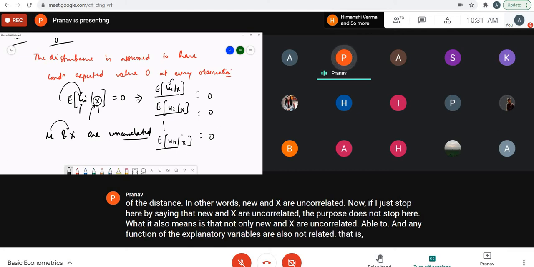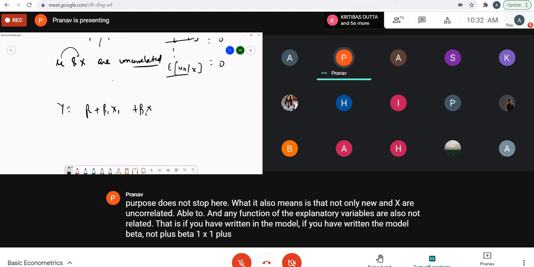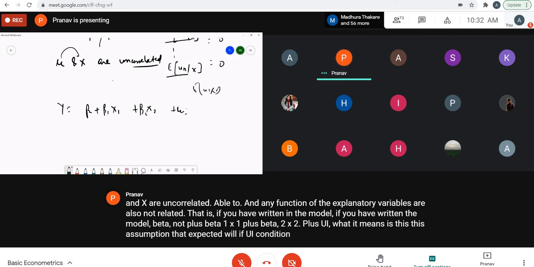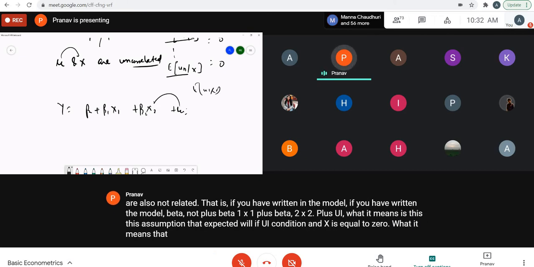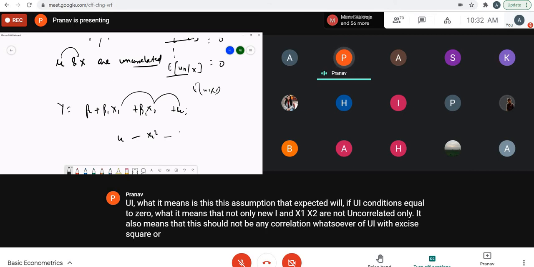That is, if you have written in the model beta naught plus beta 1 x1 plus beta 2 x2 plus ui, what this assumption, expected value of ui conditional on x equal to 0, means is that not only are ui and x1 and x2 uncorrelated, there should not be any correlation whatsoever of ui with xi square or xi cube or x1 x2 or log of x2 or any functional form of these variables.